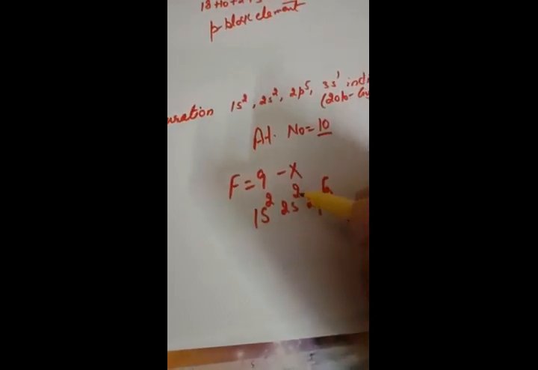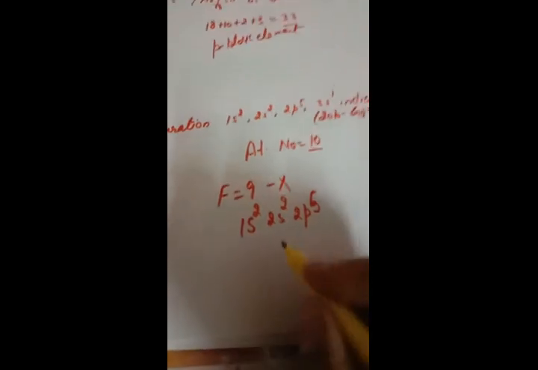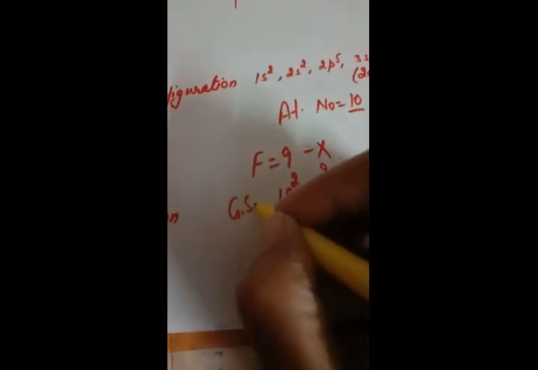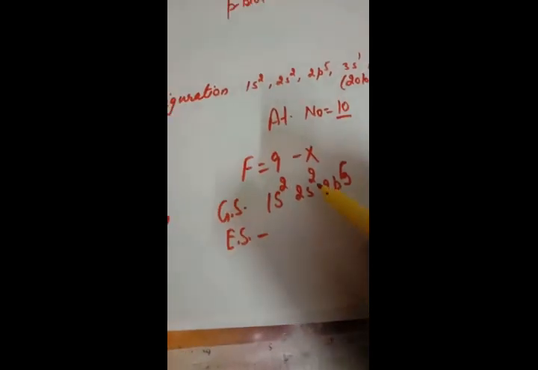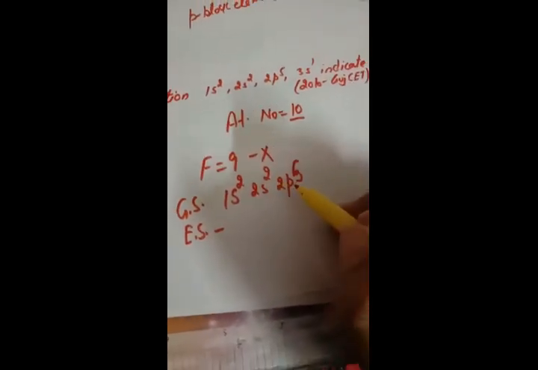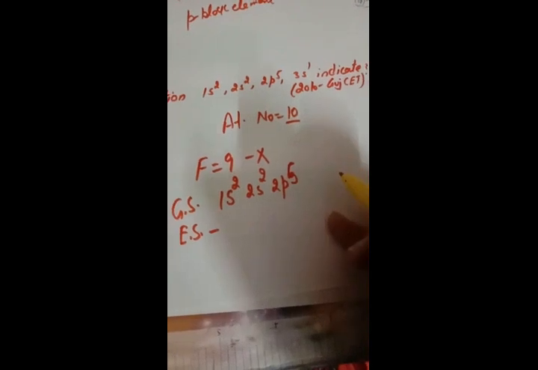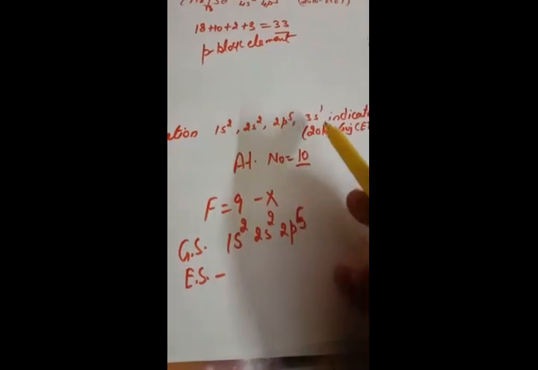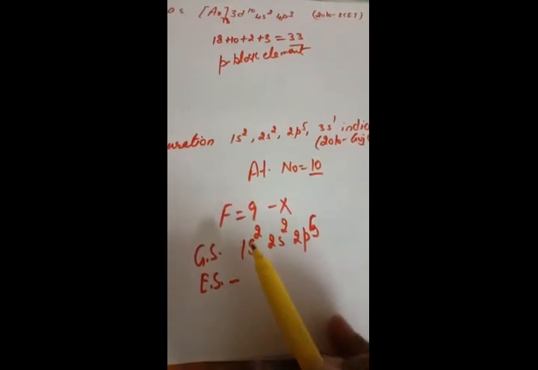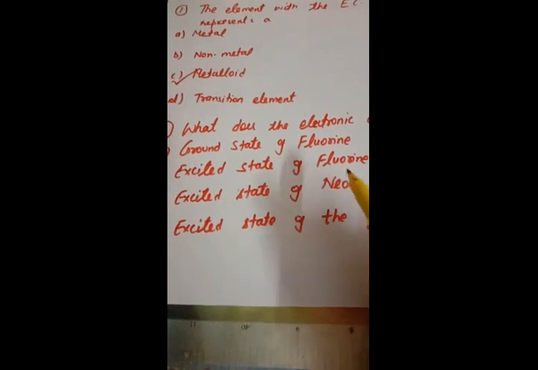So 2, 4, 9. That is the ground state configuration, and if we write the excited state, one electron jumps from the p orbital into the next 3s orbital. But we have seen here that the total number of electrons is 10. So it should not be fluorine. It means B is not the answer.